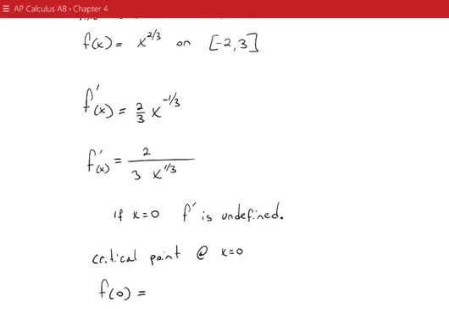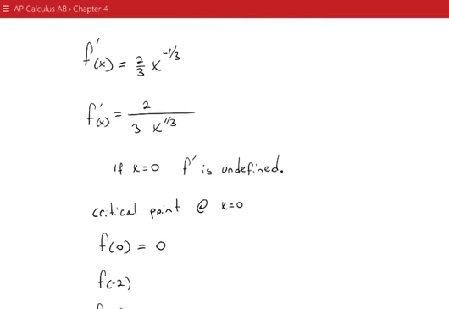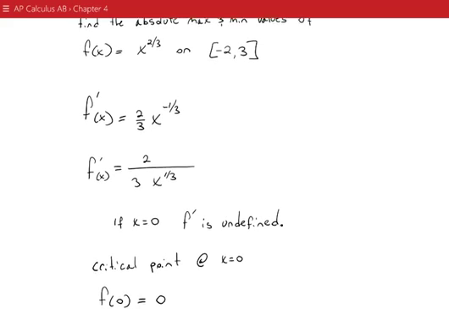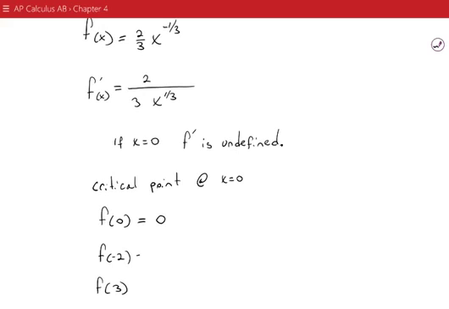And again, we're going to plug this into the original function. So the original function f of 0 is 0. f of -2 would be -2 squared, root 3. And so that's going to be the cube root of 4.